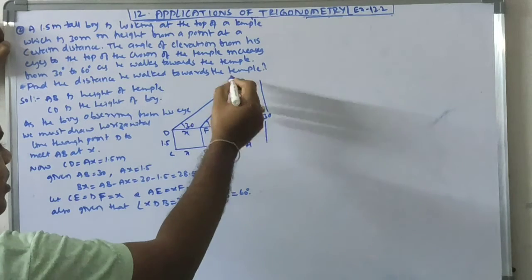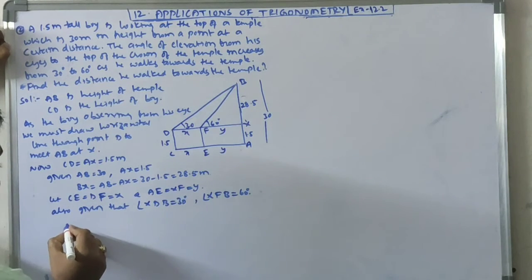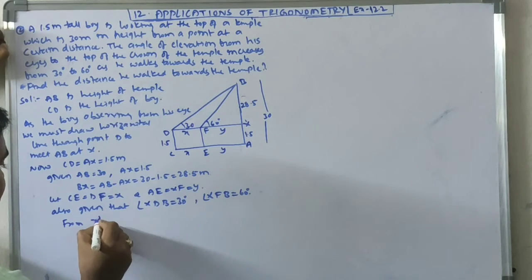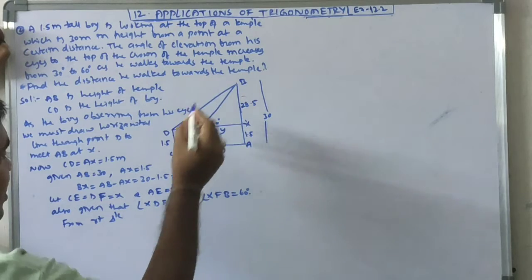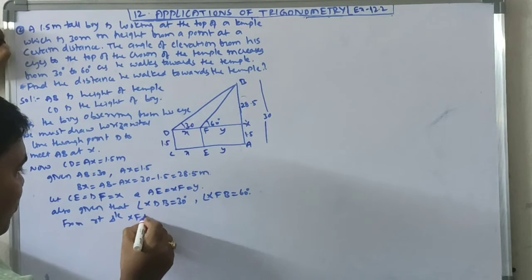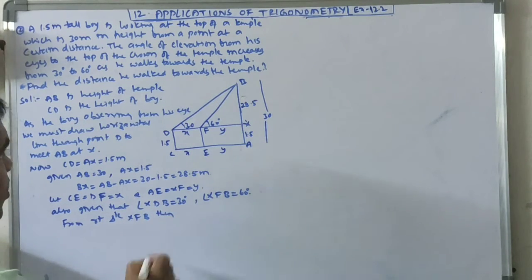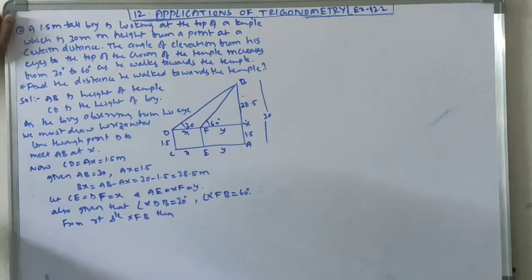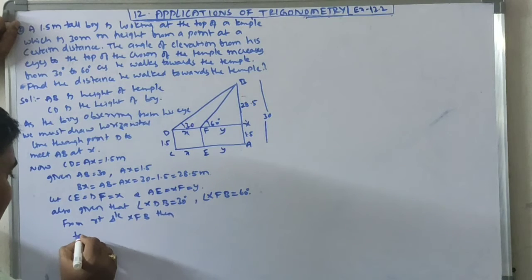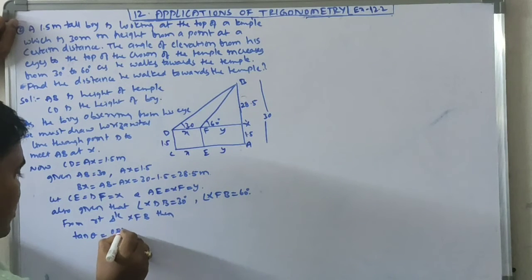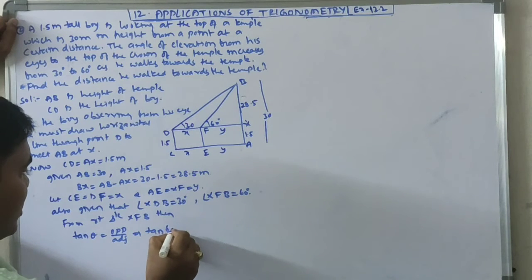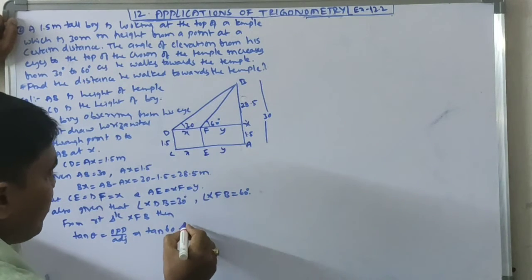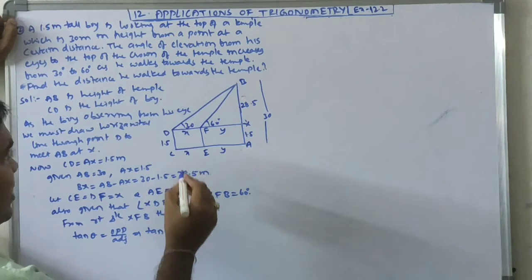Now I will consider the right triangle XFB. This is opposite, this is adjacent. Tan theta equal to opposite by adjacent. Tan 60 equal to opposite BX by adjacent XF.